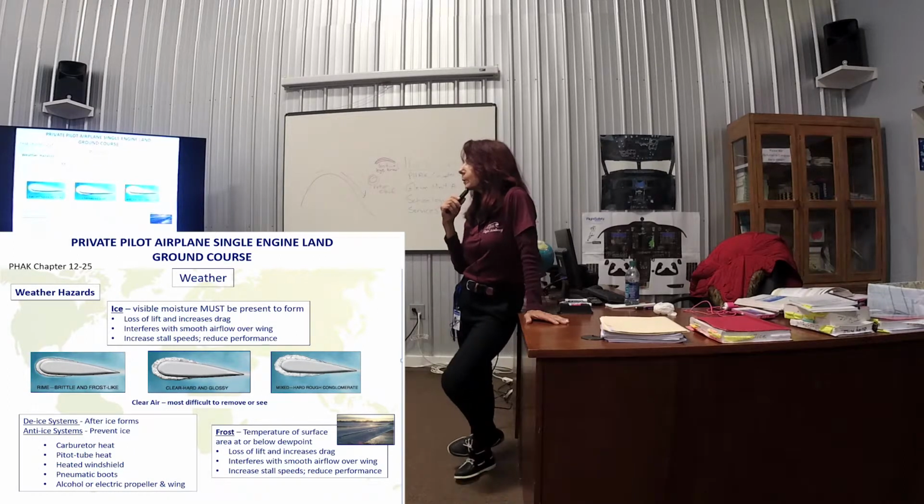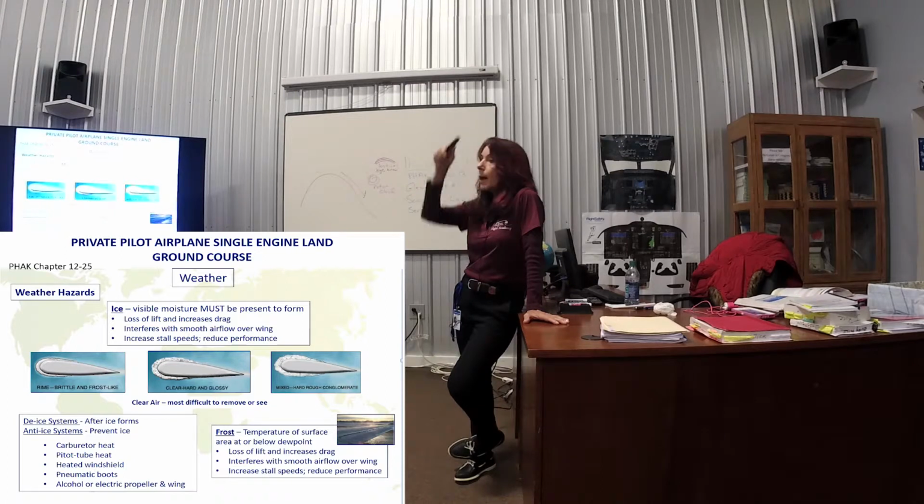Final weather hazard. We briefly talked about ice and frost and aerodynamics. Kind of a refresher. Ice happens at altitude, frost happens on the ground. They both do the same thing, but they're created in different ways.